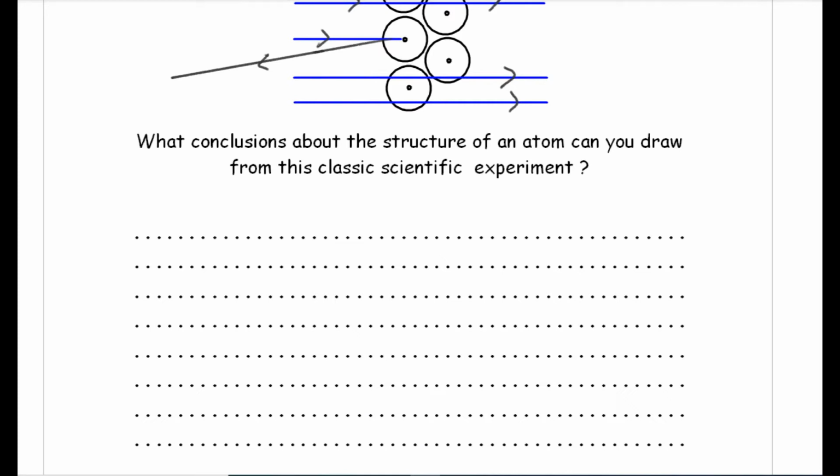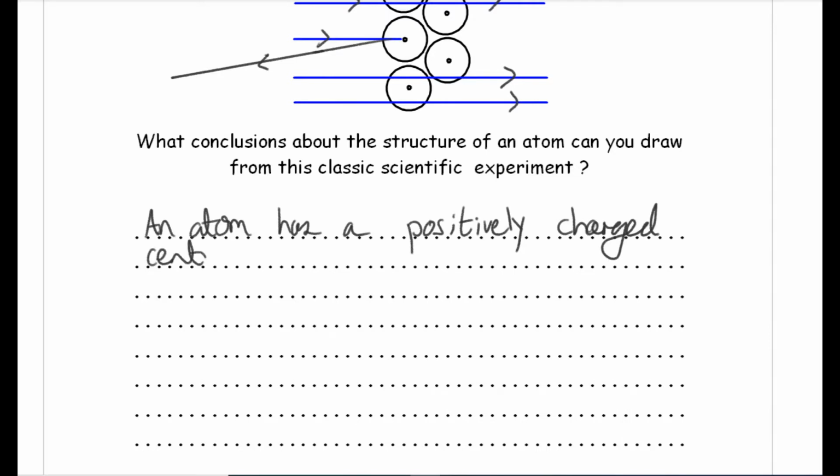Firstly, an atom has a positively charged central nucleus. That's number 1. Number 2, an atom is mostly empty space.